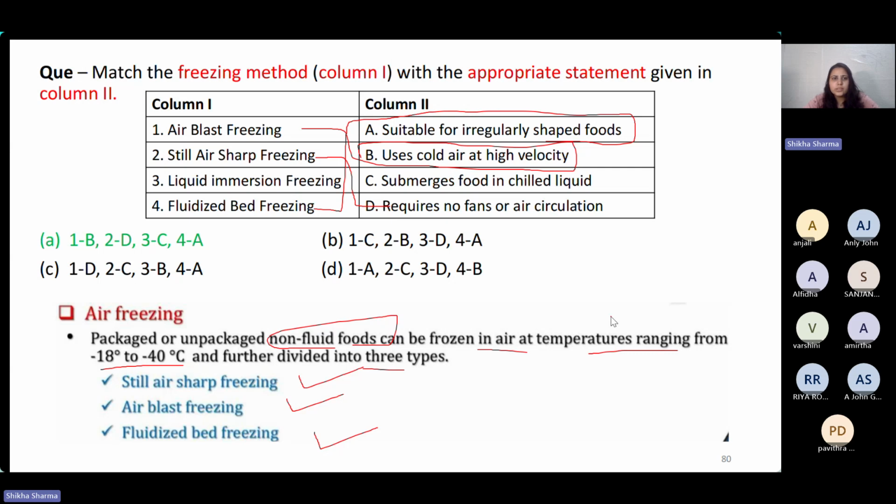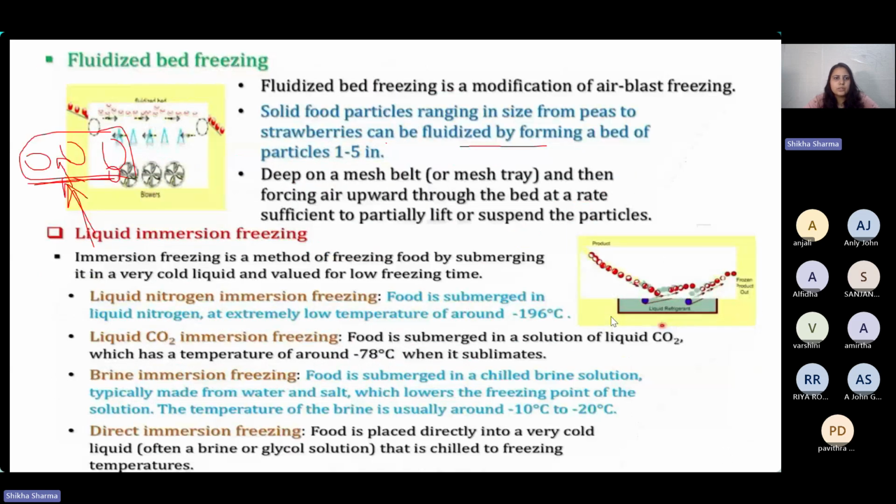Finally, liquid immersion freezing. In this, freezing of the food happens when we submerge the food into very cold liquid, with a short freezing time. Sometimes we use liquid nitrogen for immersion, which is at a very low temperature, minus 196 degrees Celsius. Sometimes we use liquid CO2, which is at around minus 78 degrees Celsius.